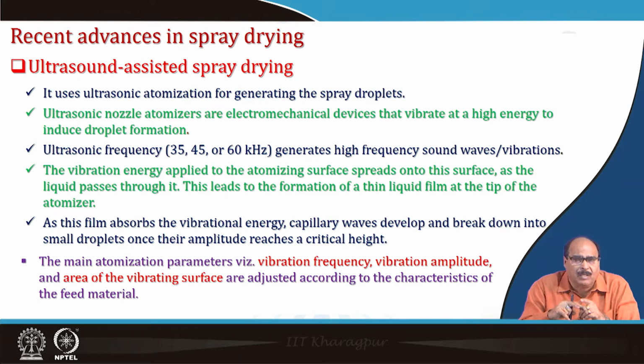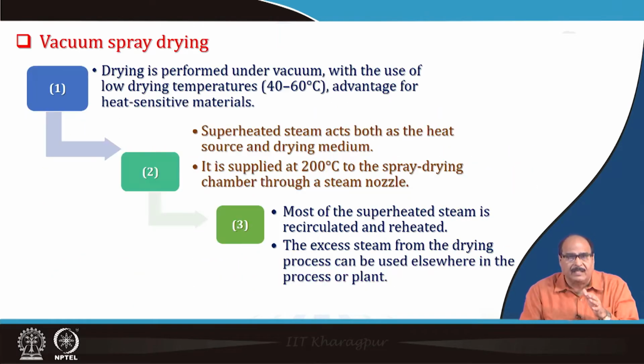As this film absorbs the vibrational energy, capillary waves develop and break down into small droplets once their amplitude reaches a critical height. So, the main atomization parameters are vibration frequency, vibration amplitude and area of the vibrating surface, and these are adjusted according to the characteristics of the feed material.